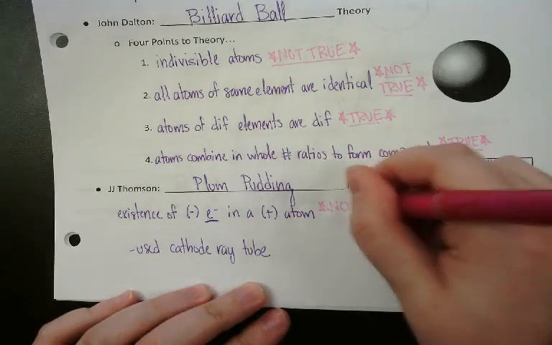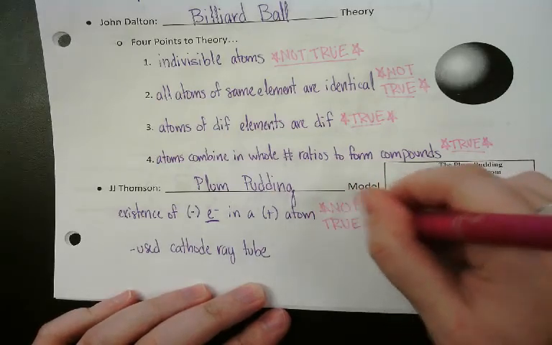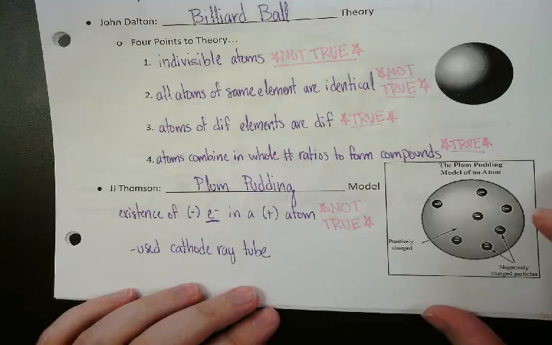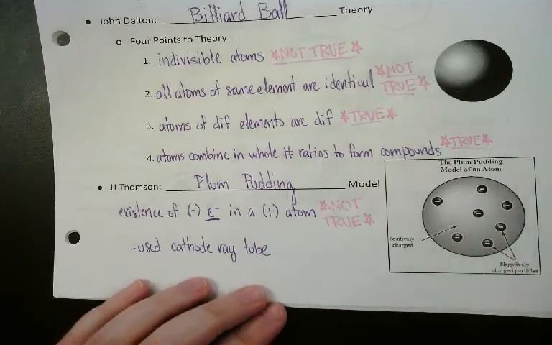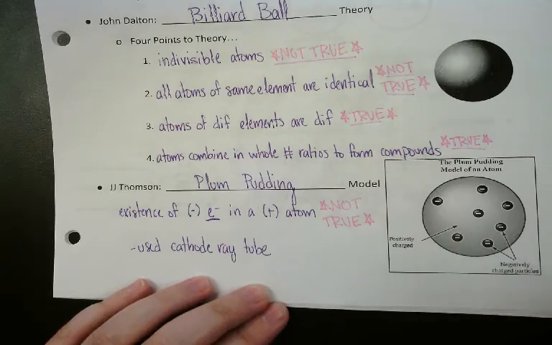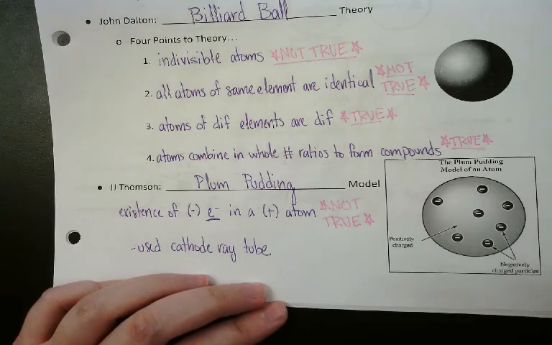It is not true because an atom is not positive. Atoms are neutral. So atoms are made up of negative parts and positive parts. But in order for it to be an atom, those negative and positives have to cancel each other out. We have to have the same amount of each.